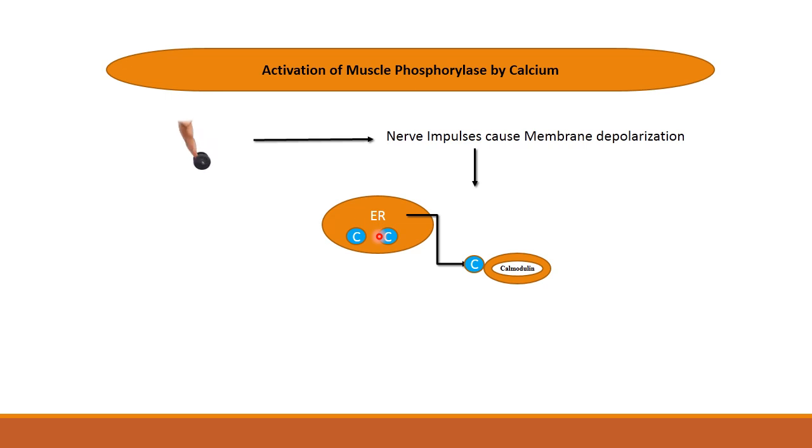Now this calcium calmodulin complex will bind to the muscle phosphorylase kinase and activate it. There are 4 subunits of muscle phosphorylase kinase: alpha, beta, gamma and delta, and the calcium calmodulin complex binds to it, which in turn will activate the muscle phosphorylase.